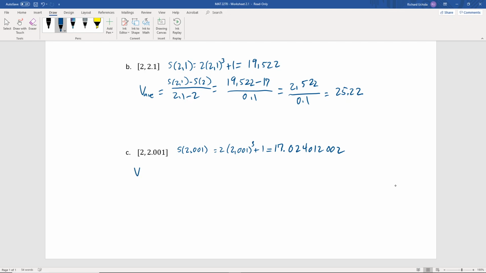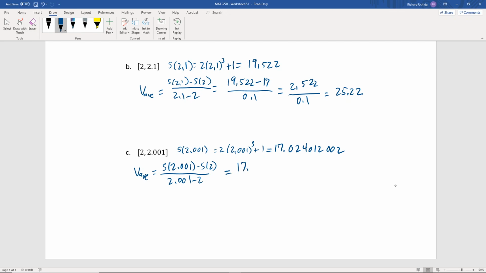Because when you round in the middle, the more steps you do afterwards, the more inaccurate your answer gets. So plugging it in, again it would be s(2.001) minus s(2) all over 2.001 minus 2.